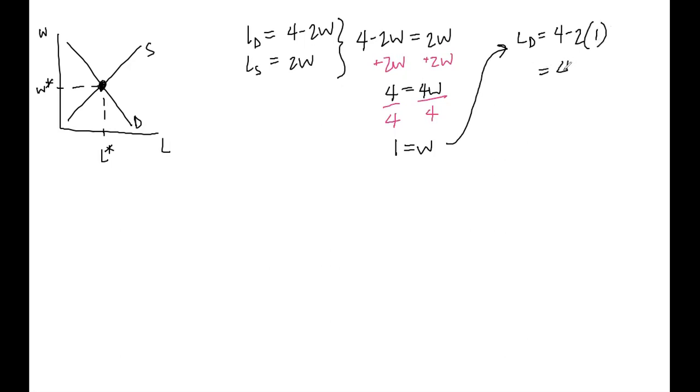So that gets us 4 minus 2, which equals 2, labor of 2. If you wanted to double check, you could also plug that back into the labor supply, which is just 2W, so 2 times 1 is also 2. So for this first question, the equilibrium wage is $1, and the equilibrium level of employment is 2 workers.